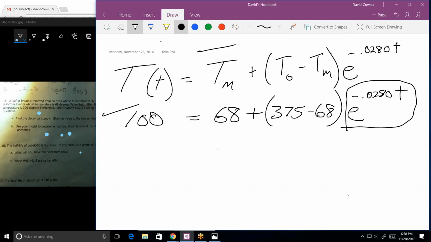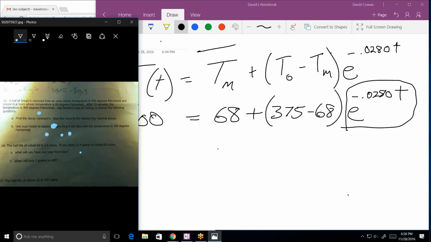And, you know, you can use the ballpark analysis on this also. In other words, if it cooled off from 375 to 300 in 10 minutes, it's got another 3 times that much cooling to do. So our answer should be in the neighborhood of 30 minutes, but it's not linear, obviously.